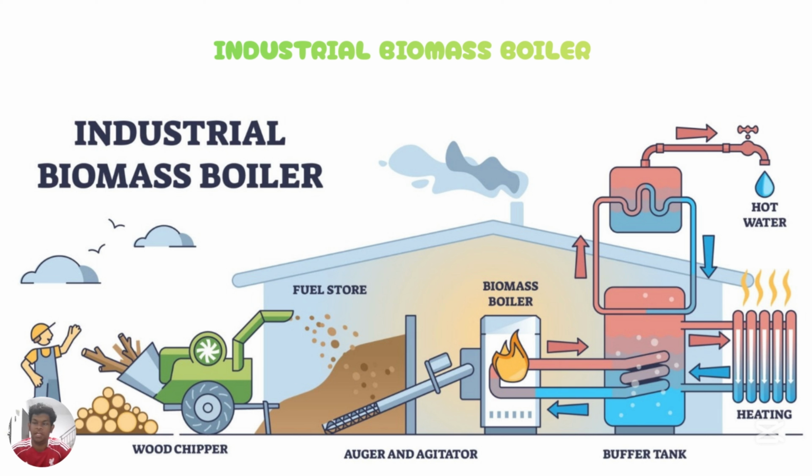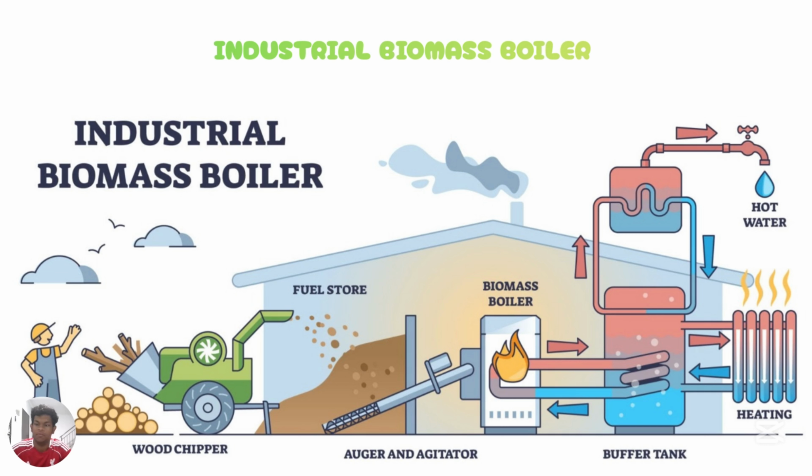So this diagram shows how an industrial biomass boiler system works. It starts with the wood chipper on the left, where raw biomass such as wood logs is chopped into smaller chips. These chips are then stored in the fuel store. Next, the auger and agitator automatically move the biomass from the fuel store into the biomass boiler. Inside the boiler, the biomass is burned to produce heat. The heat is transferred to the buffer tank filled with water.